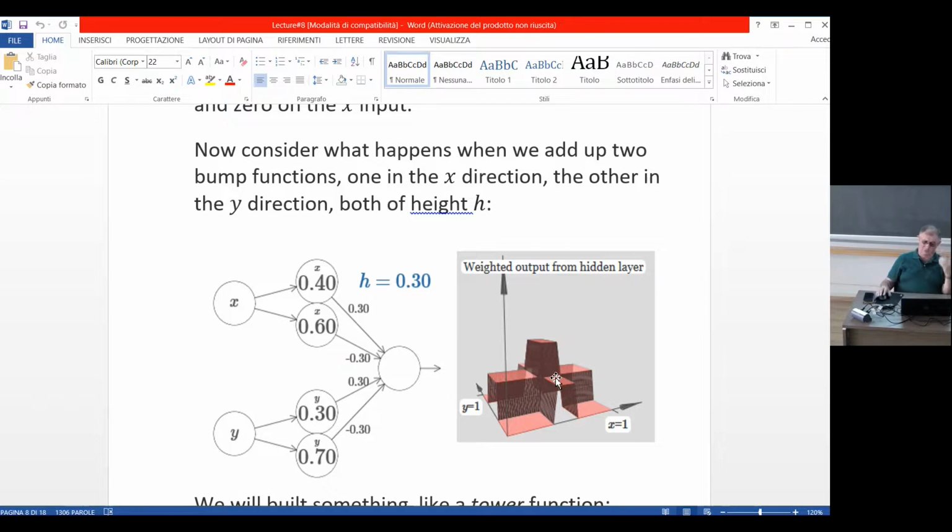So two heights are added. And we have such a base, yes, a cross base, and some tower on top.